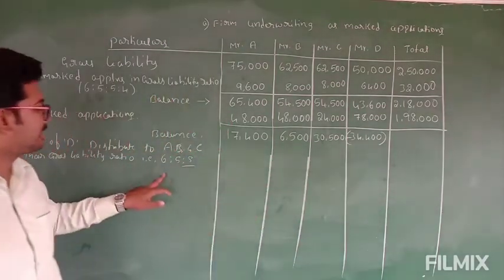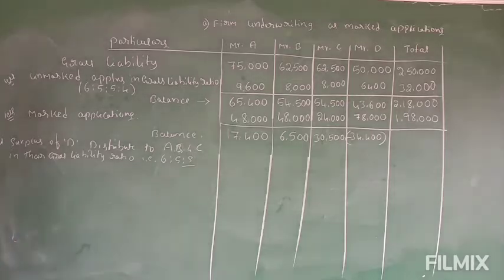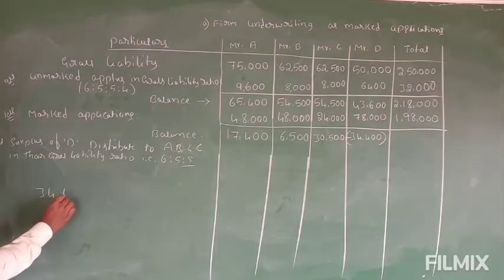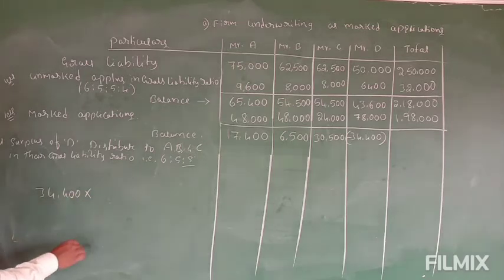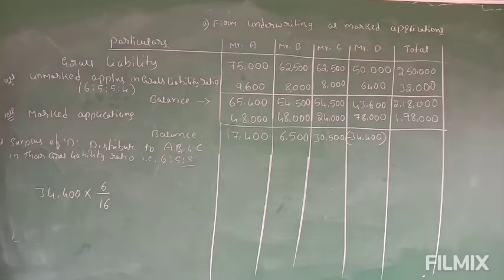So how will A's share be calculated? 34,400 into A's share is 6, total will be 16. So 34,400 into 6/16, we will get 12,900.